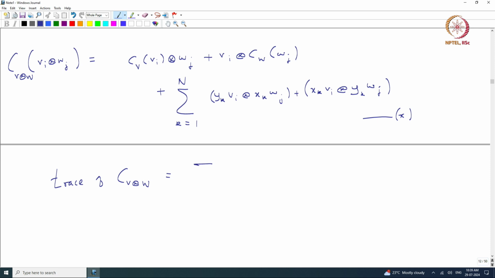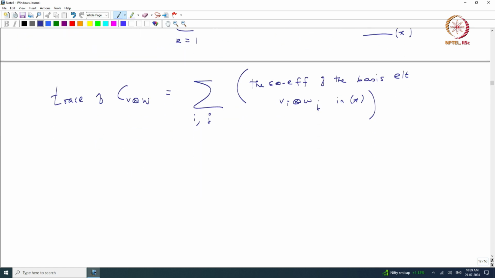If I take the trace, you are going to sum over the diagonal terms. This is exactly the coefficient of the basis element Vi tensor Wj in star, because ij is the tuple it is indexed on. So, you are looking at the coefficient of that ijth basis element.